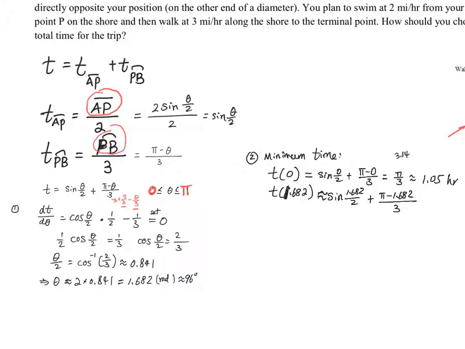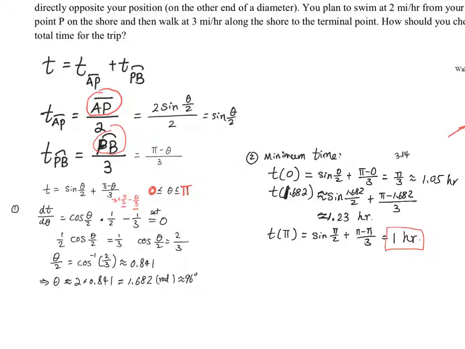After the algebra, this is approximately equal to 1.23 hours. And lastly, t of pi, which is sine pi over 2 plus (pi minus pi) over 3. This is sine of pi over 2, which is actually 1 hour. So by comparing these three, you do see that this is the smallest number.